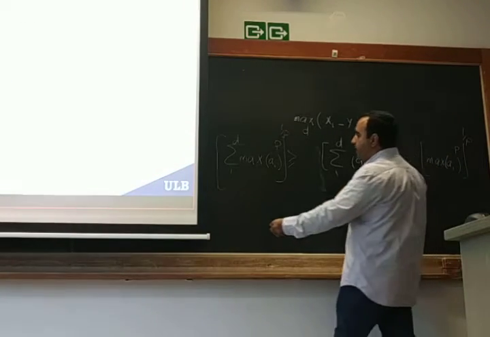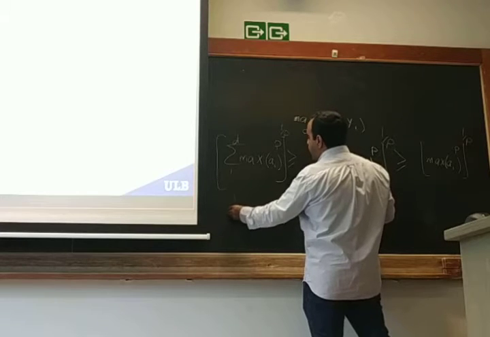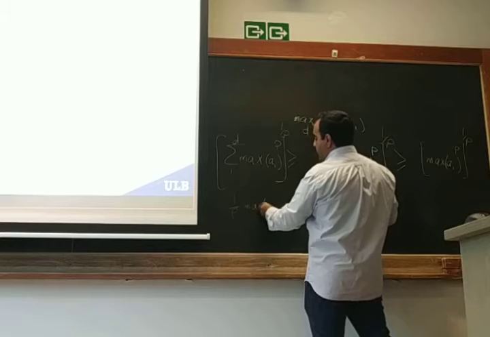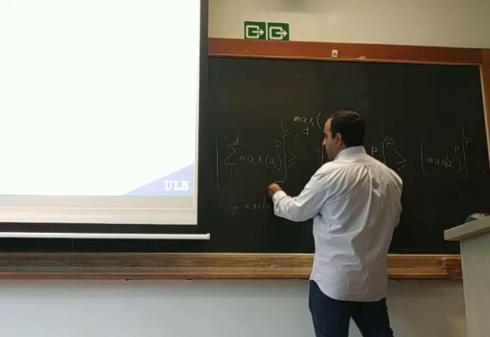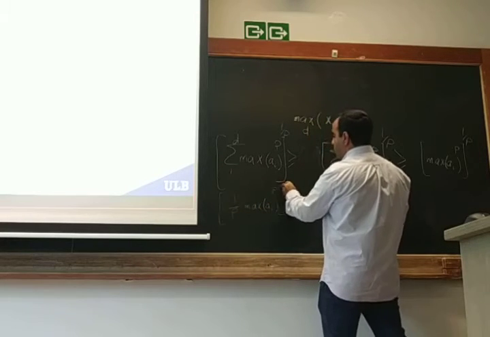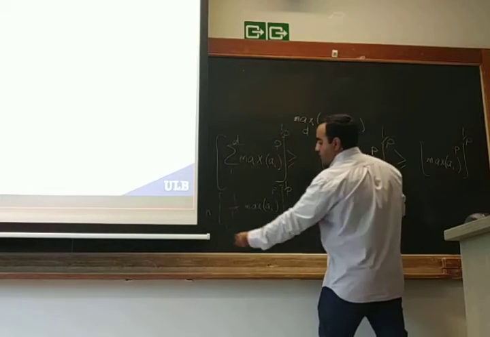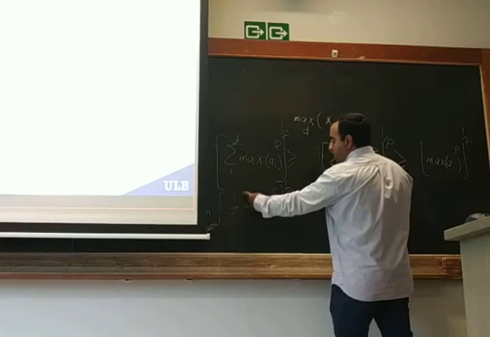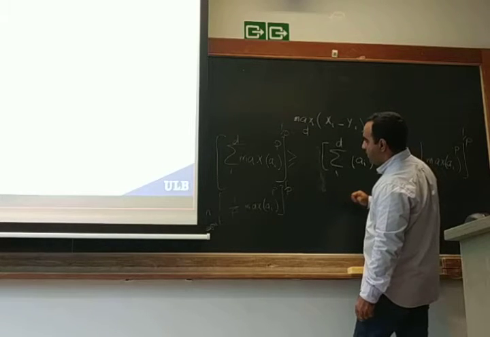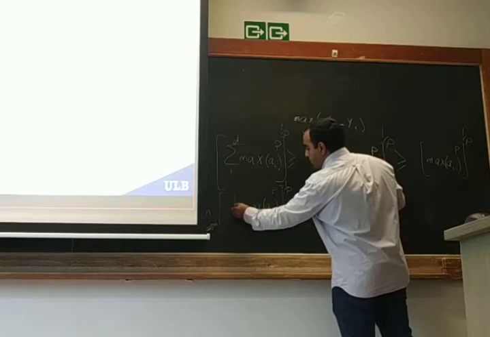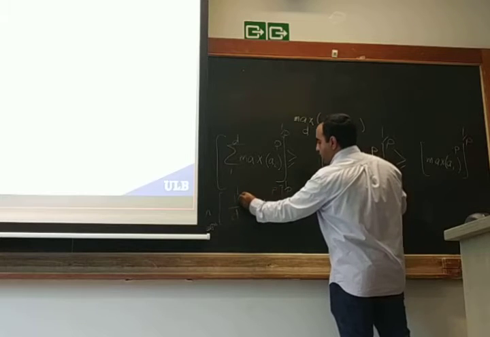So if we do the limits everywhere, this one will be basically 1 over p max a_i power p, all power 1 over p, and if we take the limit where p tends to infinity, then here we have, no, this is 1 over d, 1 over d, then we will have something like this.